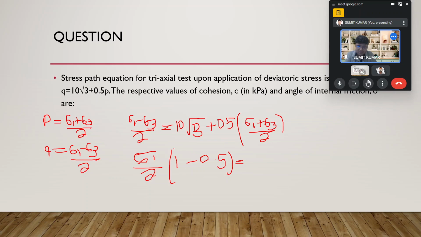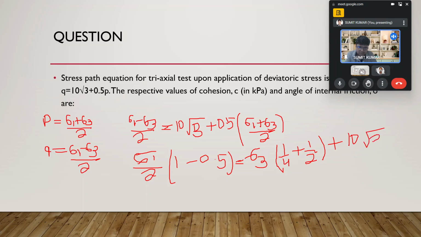So we will take sigma 3 common over there. Sigma 3, so 1 by 4, sigma 3, 1 by 2 and 0.5, 1 by 4, plus 1 by 2, plus 10 root 3.